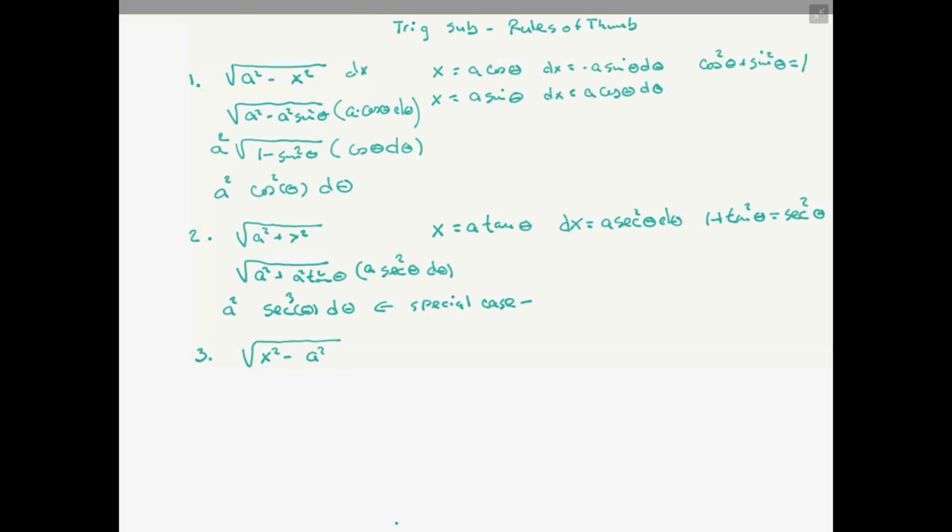Now, in that case, we would use x equals a cotangent theta, and dx equals minus a cosecant squared theta d theta, and we're using the identity 1 plus cotangent squared theta equals cosecant squared theta.